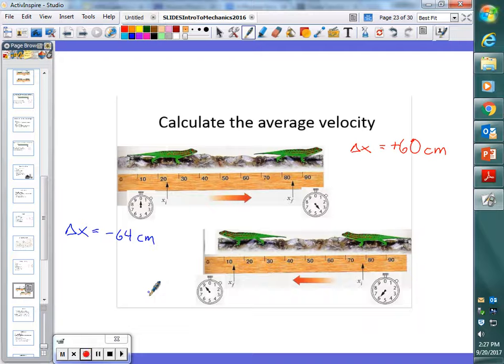But if we want to calculate the velocity, we have to compare the displacement to what? Or look at the displacement over what? Over time. So we've got these two stopwatches here, right? The first stopwatch in this trip starts at 0, and it ends at 4, okay? So the time that this displacement takes is what? 4 seconds, okay?